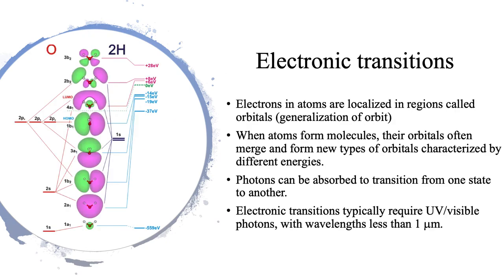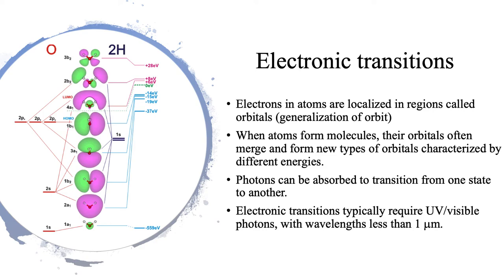Okay, this looks kind of messy, but it's just to say that there are also other kinds of molecular transitions other than vibrational and rotational. These are so-called electronic transitions. Now, remember that I said I don't like the word orbit, I prefer orbital.